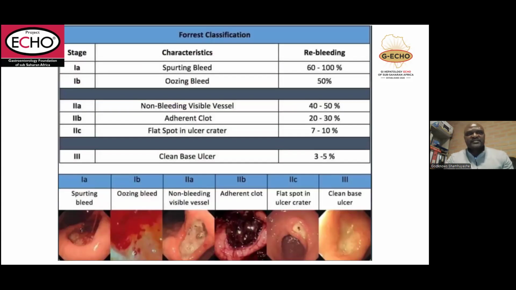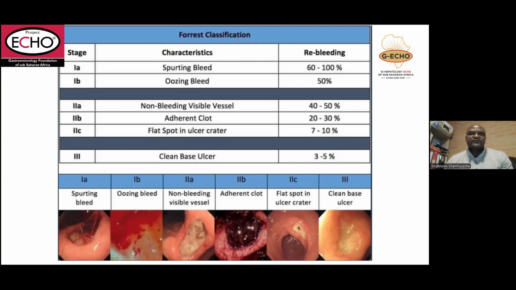So how do we classify the peptic ulcers? We use the Forrest classification, of which there are different stages from 1A to 1B, 2A, 2B, 2C, and 3, depending on the endoscopic findings.